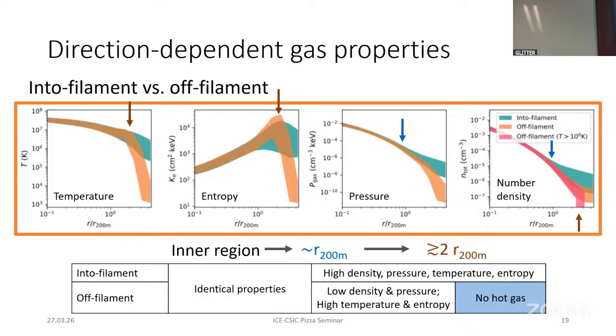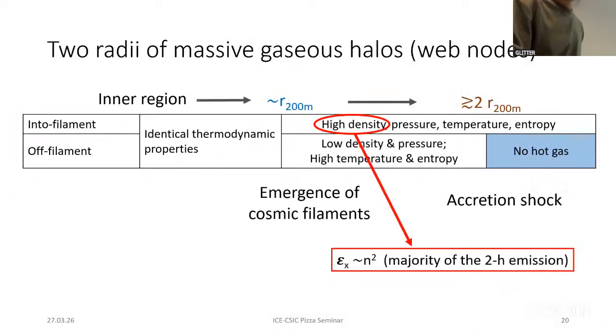And from the choice of R200m, because it hits the shock boundary, only in the cosmic filaments do you still have high density, high temperature, high entropy, and high pressure gas. And outside that, there's no hot gas anymore. So what does it mean? At R200m, there's an emergence of cosmic filaments, or the halos from the cosmic filaments.